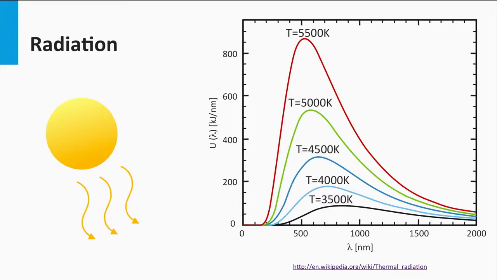The emitted radiation is usually distributed over a range of wavelengths, between 0.2 micrometers up to 1000 micrometers, covering most of the visible and infrared range. It depends on the emitting body's temperature. An important definition here is the one for black body.